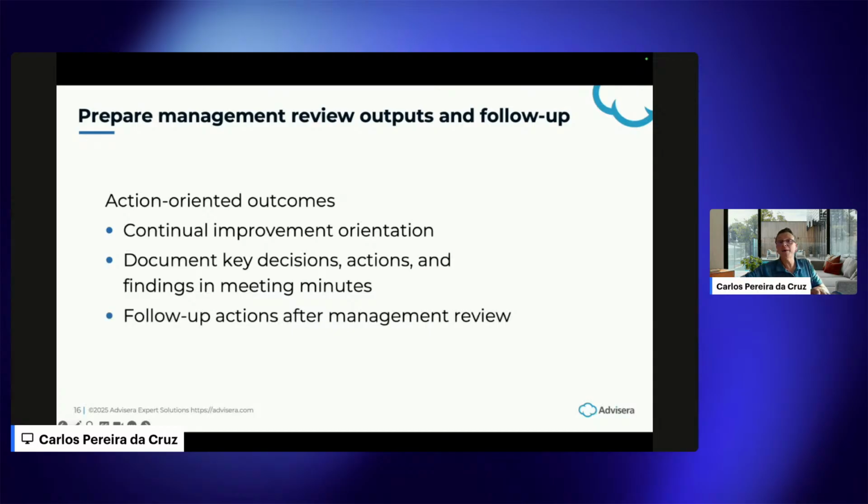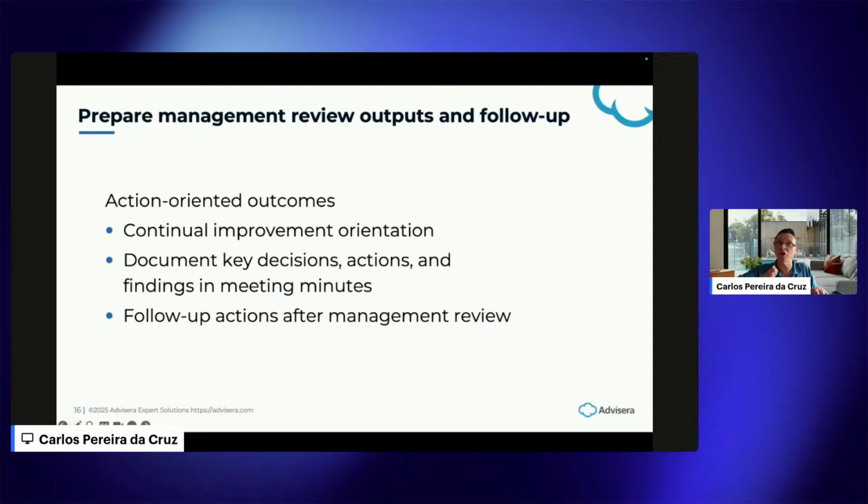So follow-up actions after management review. So develop detailed action plans for addressing identified improvement areas or necessary changes to enhance the environmental management system. And allocate resources. Assign responsibilities for each action item to specific individuals or departments. Set clear timelines and deadlines for completing action items.